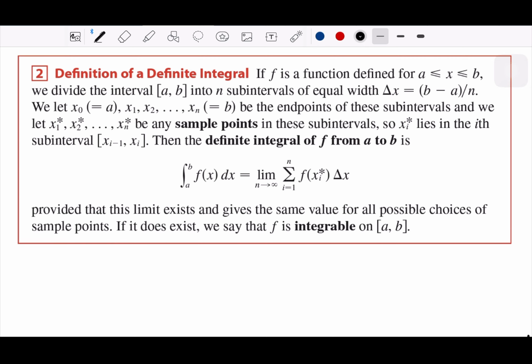Okay? And of course, we need this limit to exist so that this can be true. So, provided this limit exists and gives the same value for all possible choices of sample points. Sample points means that whichever points we choose, they will give the same results. And if the limit exists, we say the function is integrable, so we can integrate the function on this interval a to b.